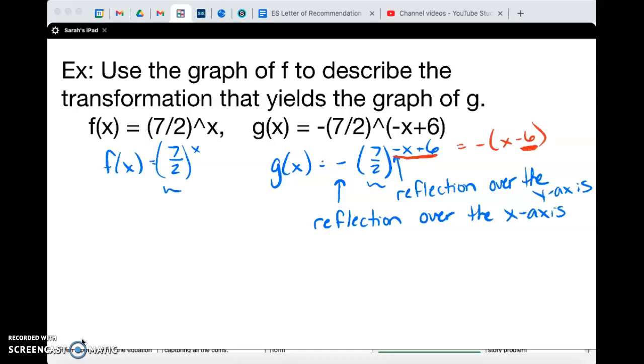So the minus 6 is indicating which direction? Yeah, it's going right 6, because the horizontal shift, the h value, is always the opposite sign. So these are my 3 transformations from f of x to g of x without graphing it.